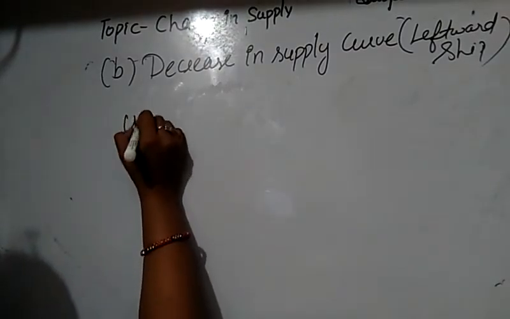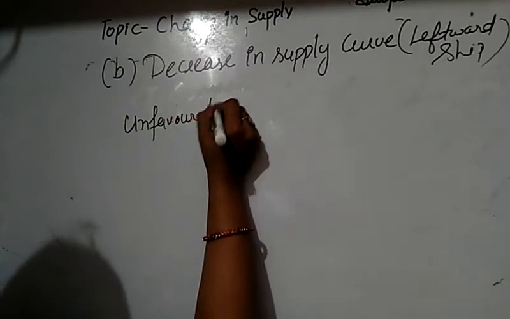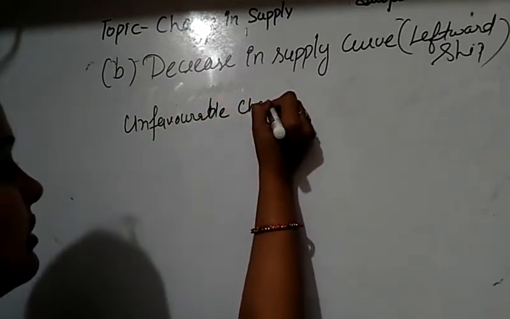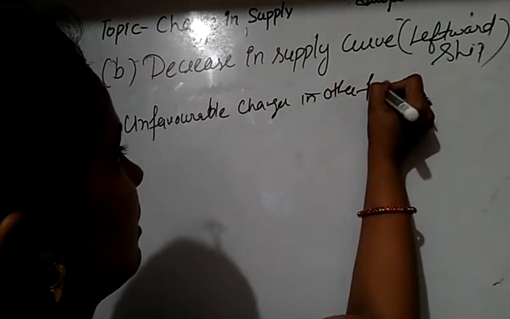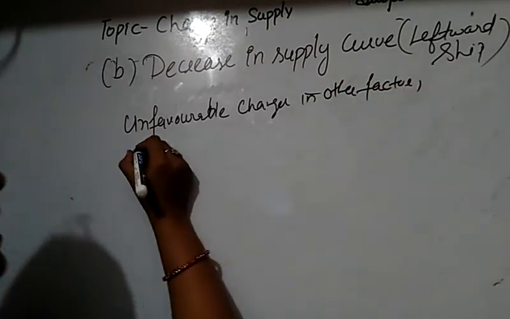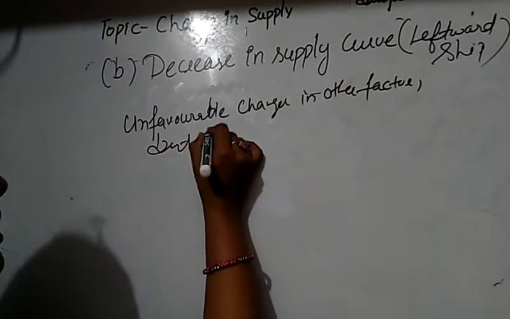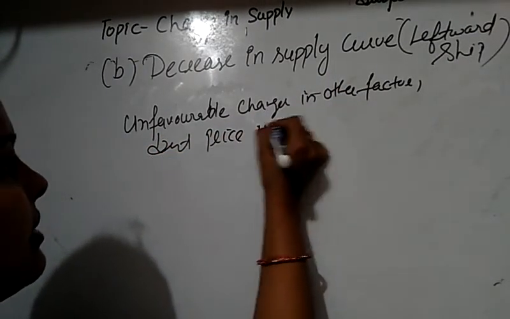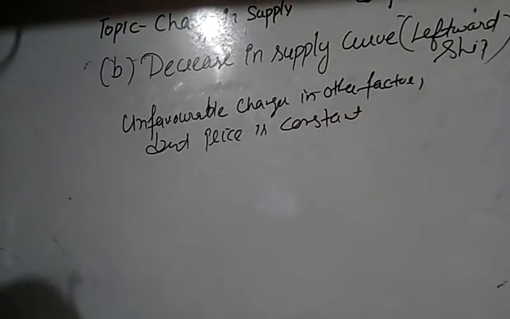When there are unfavorable changes in other factors, but the price is constant, at that time the supply curve shifts leftward.